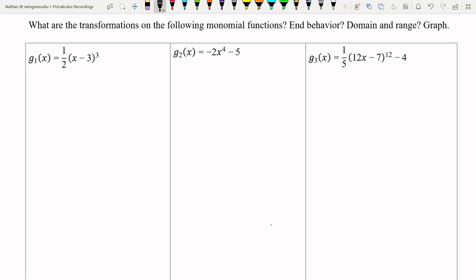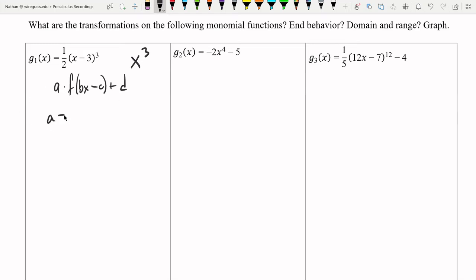But first off, let's look at these transformations. Look at the end behavior, domain, range, and then of course graph them. So this function here, the monomial function, the basic one, is x cubed, because we can see that it has 3 here. And we know that the function transformation, of course, is just a f(bx minus c) plus d.